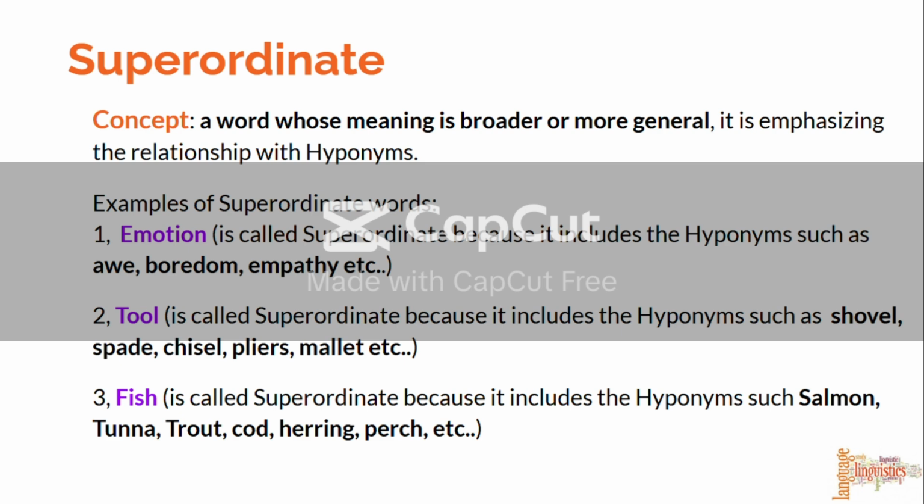Let's look at the third word, fish. The word fish is called superordinate because it is referring to a broader and more general meaning, rather than those words like salmon, tuna, trout, cod, herring, perch, etc.